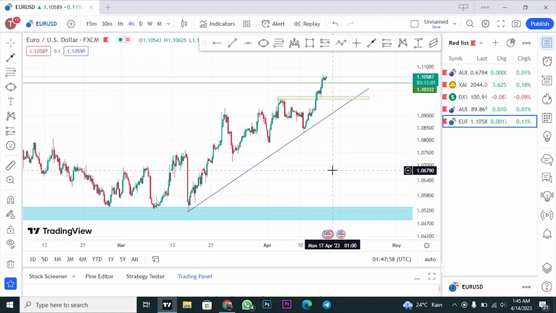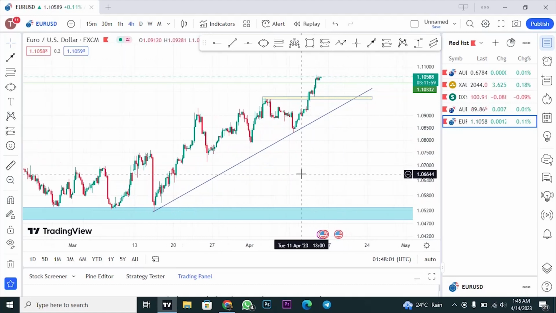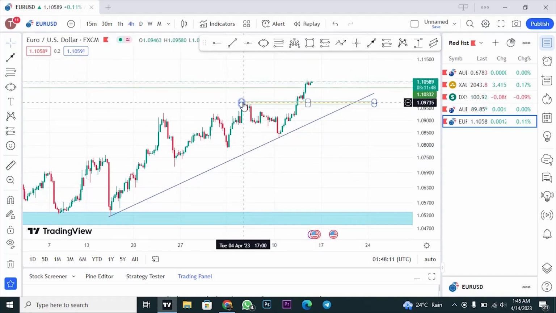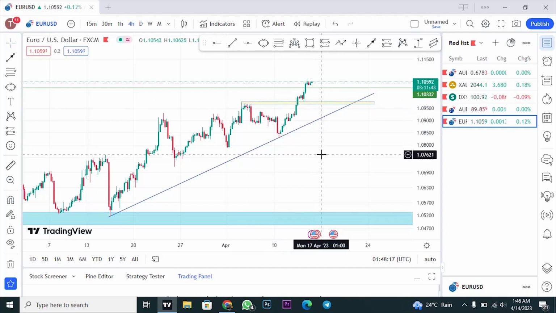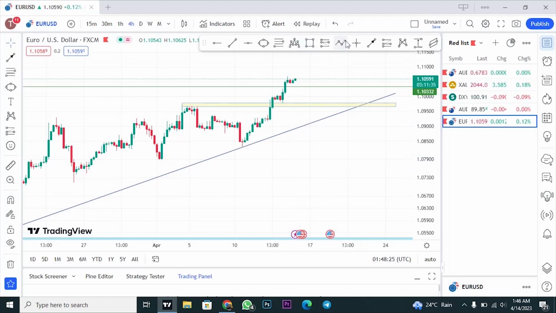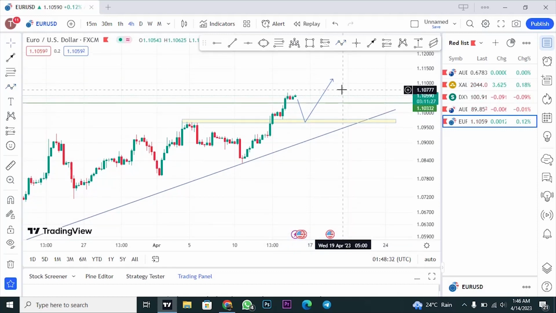Price has been moving bullish for a while now, and now you can see we have our nice trend line right at this point. We have our first touch here, second touch here, and now price eventually ended up breaking out of this resistance zone right here. So what I'm looking for is price to pull back to that level right here. I mean price to sell all the way to this point and then a push to the upside.